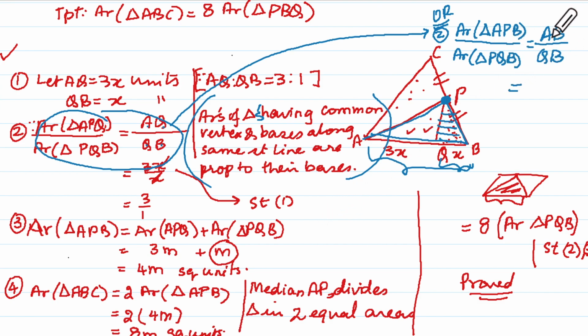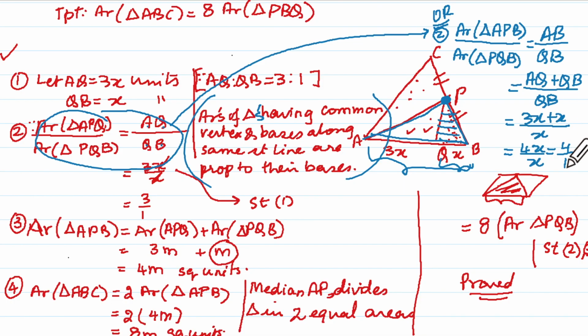Okay, so AB will be what? Tell me, where is AB? It will be AQ plus QB upon QB because of the diagram. Now AQ is how much? 3x plus x upon x, which is how much? 4x upon x means 4 upon 1.